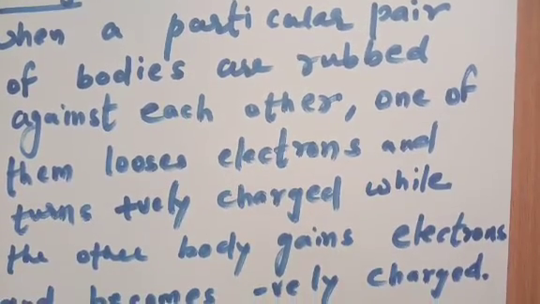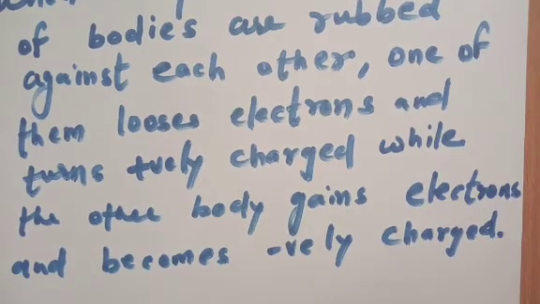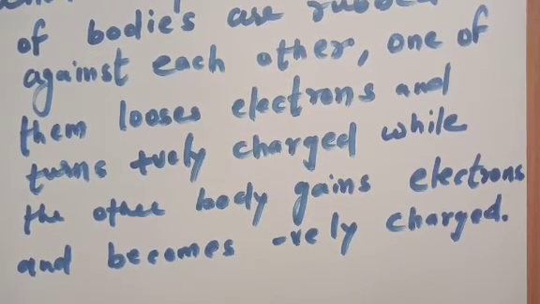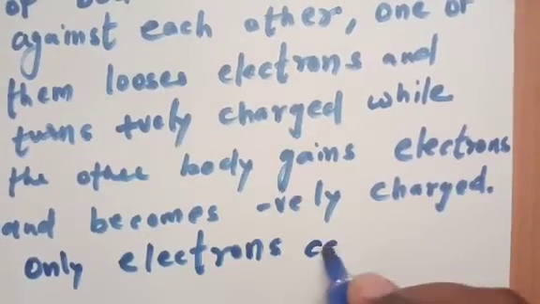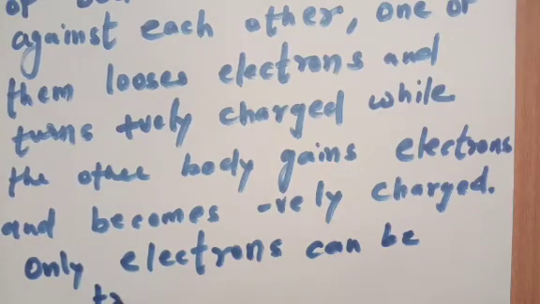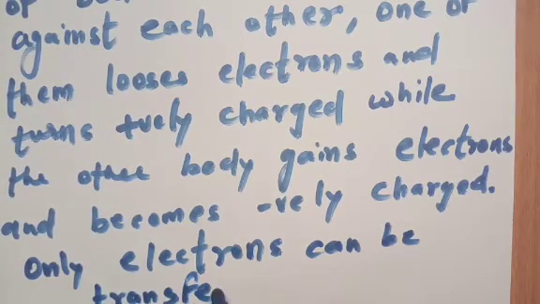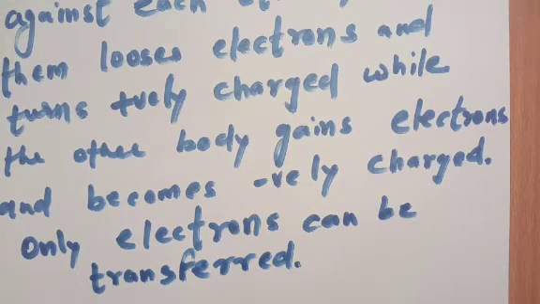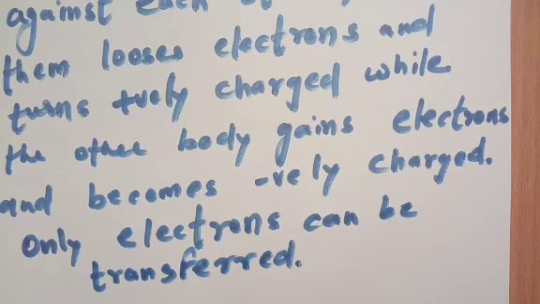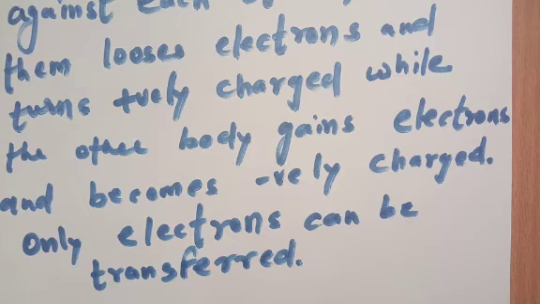Here only electrons can be transferred in this method. We know a body is made up of billions of billions of billions of atoms, and each atom consists of a nucleus and electrons, and the nucleus has got protons in it.